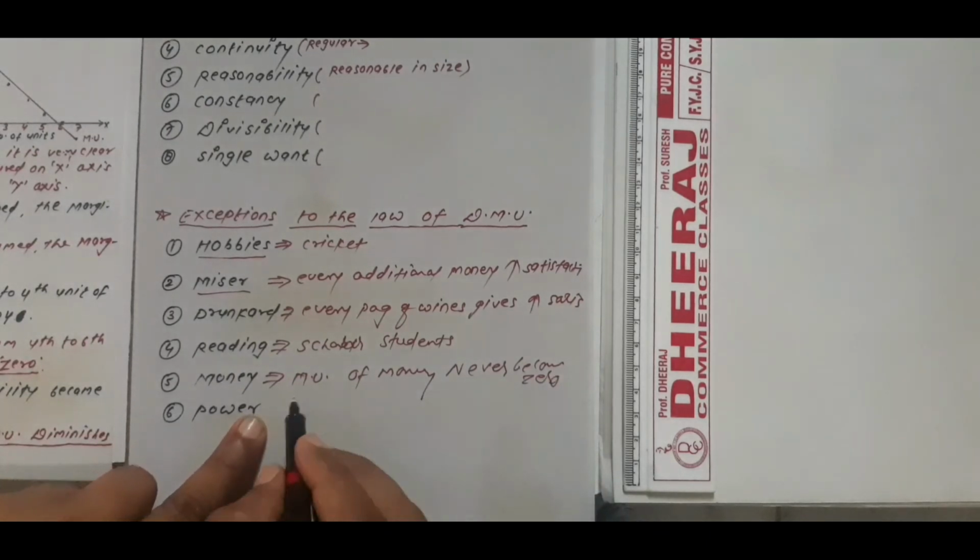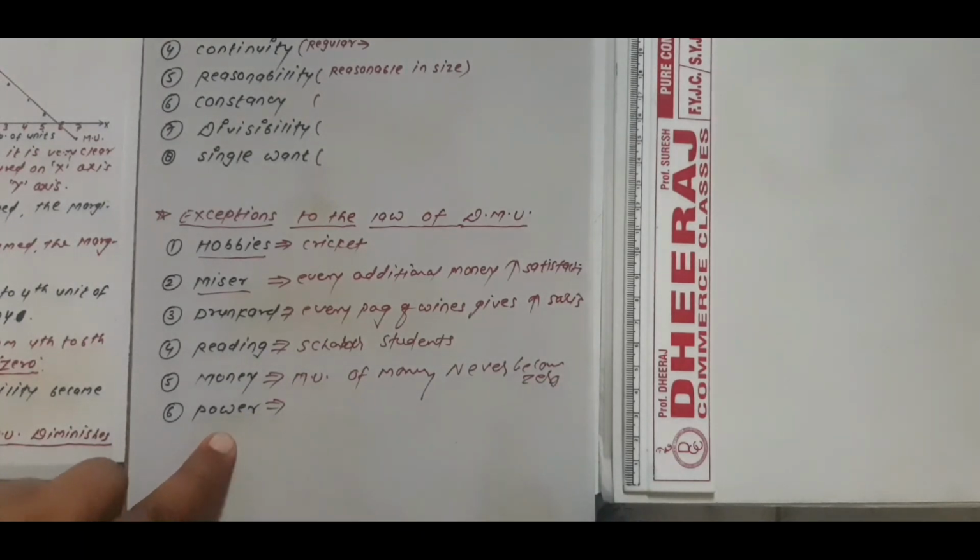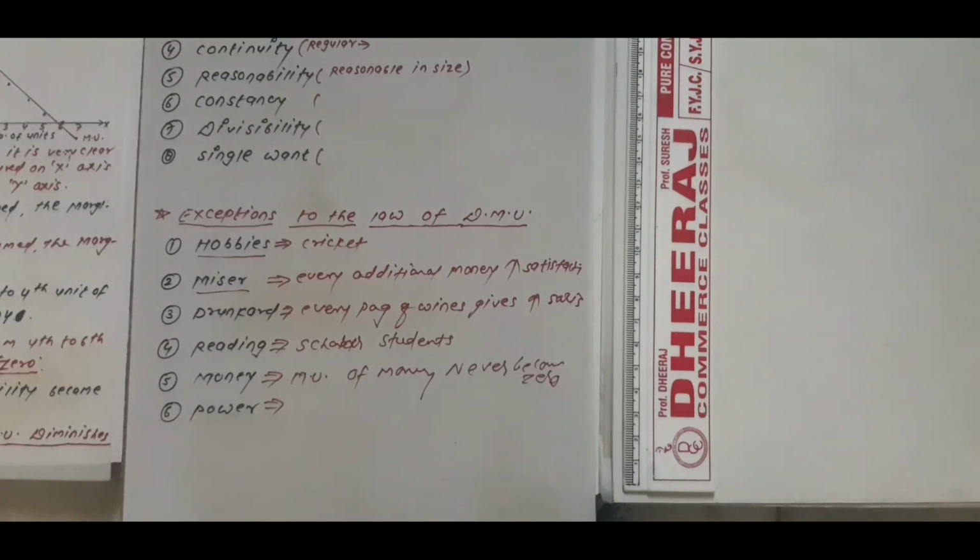Now, the last one is power. If a person gets more and more power, the utility always increases and does not diminish. After this, the one question of 10 marks is completed.